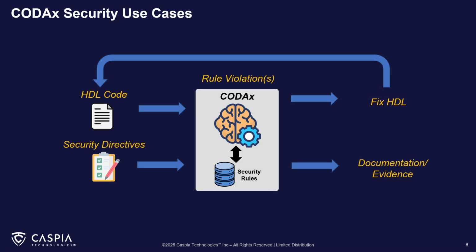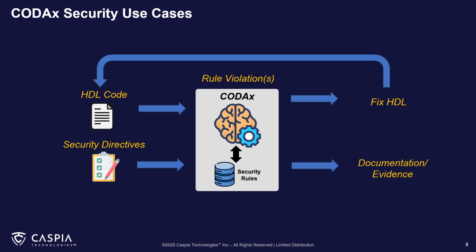To use CODAX, one will need to provide the HDL code as well as any input regarding the associated threat space. This will help waive and tune the associated security checks that CODAX will perform to provide valid and meaningful results. These results will then include the location of any rule violation in the code, with messages explaining how the violation was detected, as well as provide suggested fixes to help the user go in and improve these areas.